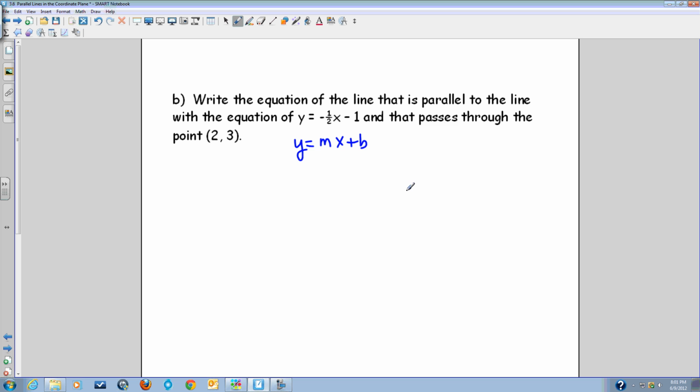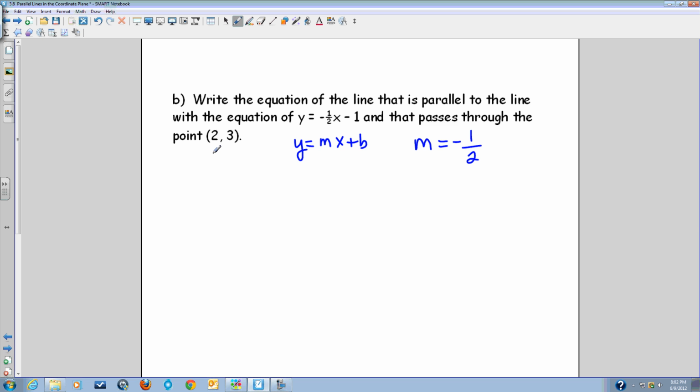Now, if we are looking for a line that's parallel to this one, we need to have one with the same slope. Well, the slope of y equals negative 1/2 x minus 1 is negative 1/2. That corresponds with our m, and m stands for slope. So our new line must also have a slope of negative 1/2.